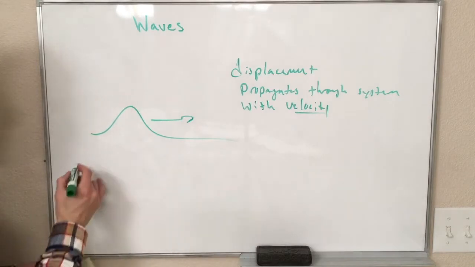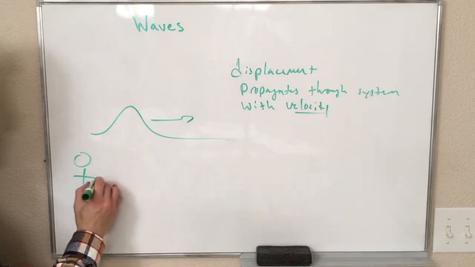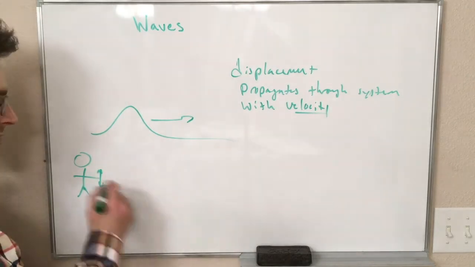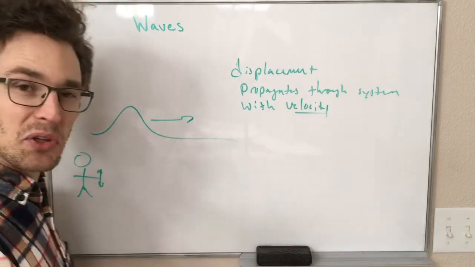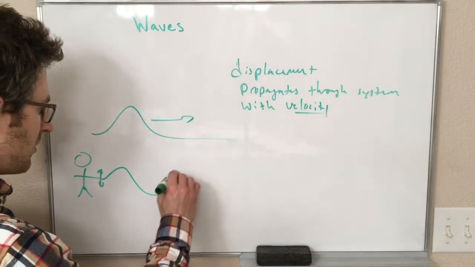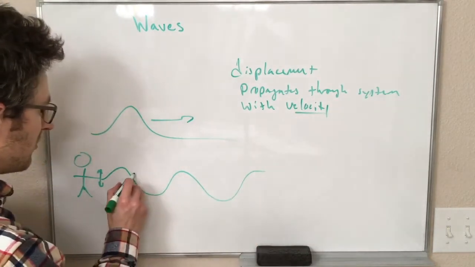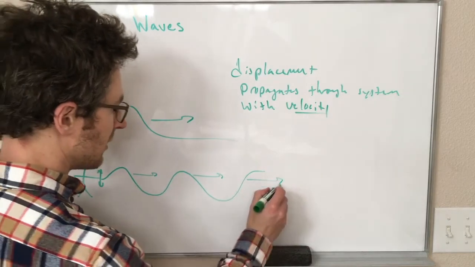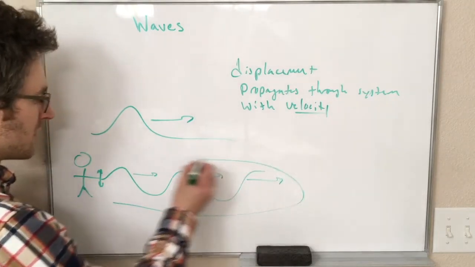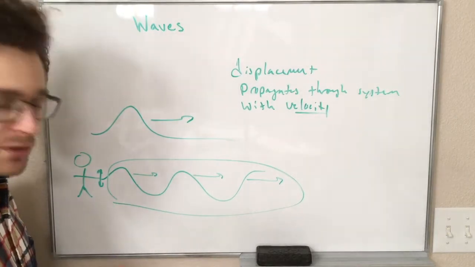What we're going to focus on more is if we imagine this person moving their hand up and down continuously in a simple harmonic oscillator, they're going to make a wave on the rope that looks like a sine wave that is traveling to the right. So every point on this sine wave is moving to the right as this happens. This is the kind of wave we're going to focus on first in this course.